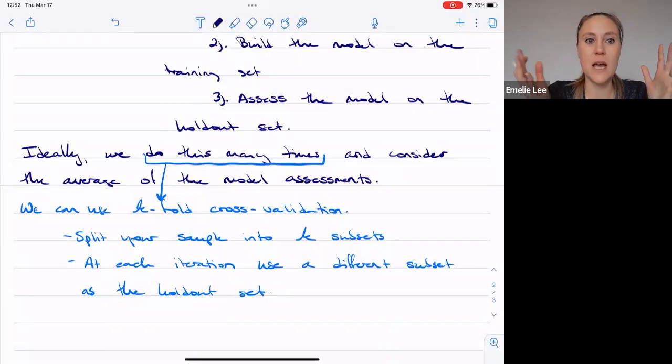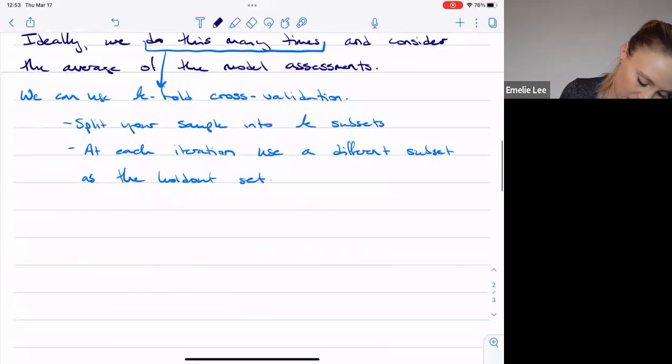All right. So we've established how we're going to assess our model. That's an important part, but we haven't actually talked about how we're going to build our model, right? How do I pick what predictors go into my model?